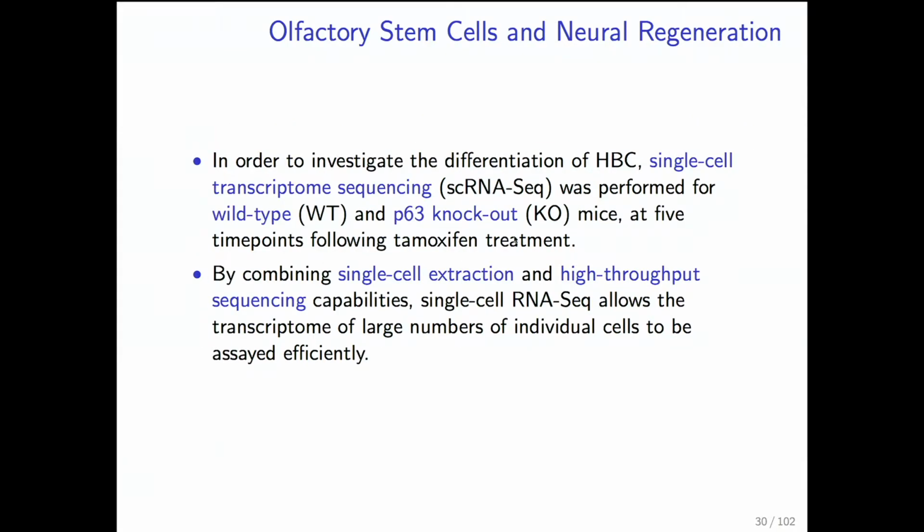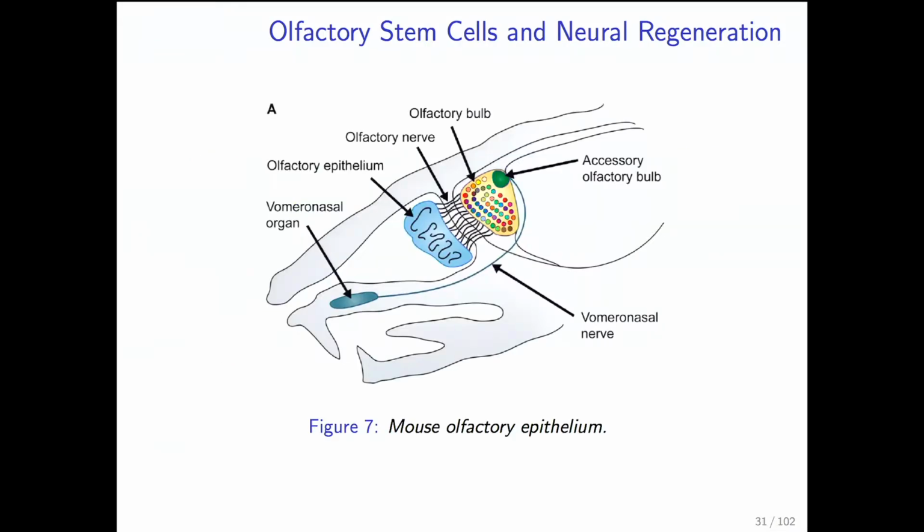And to study differentiation of these HBCs, we applied single-cell RNA-Seq to cells that were derived from wild-type mice and also mice that had the p63 gene knocked out. And we looked at 5 time points following tamoxifen treatment to get better time resolution for the differentiation process. So here's a diagram of the mouse head, and the epithelium is located right here.